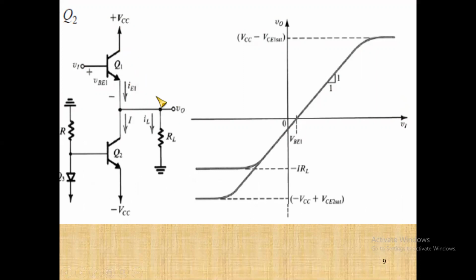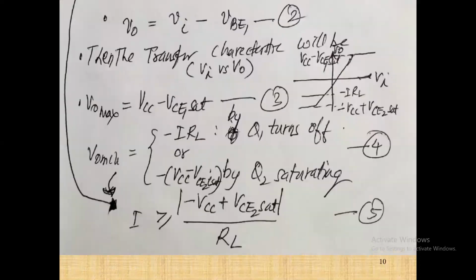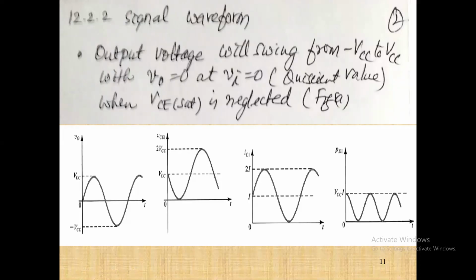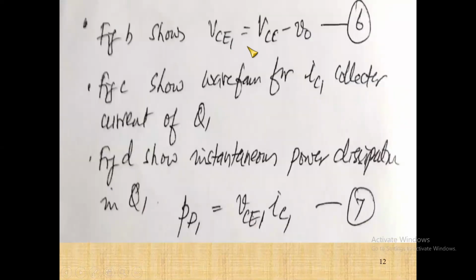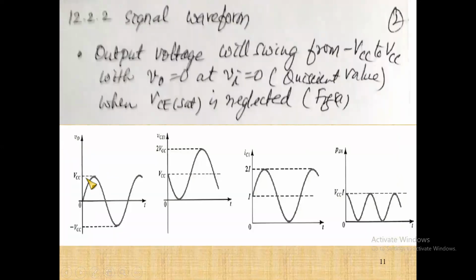So VCE will be VCC minus V naught. So when we write VCE1 as VCC minus V naught, we have to subtract this quantity from VCC, and then definitely we'll get this waveform.